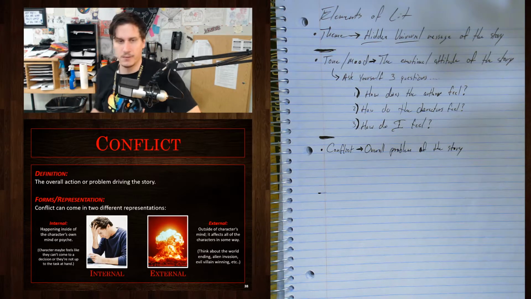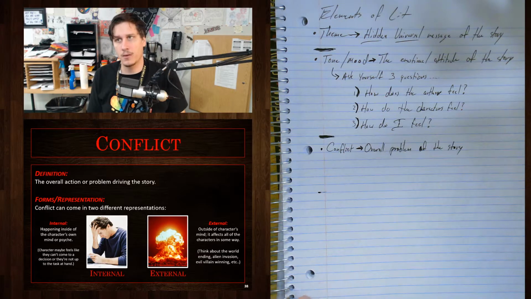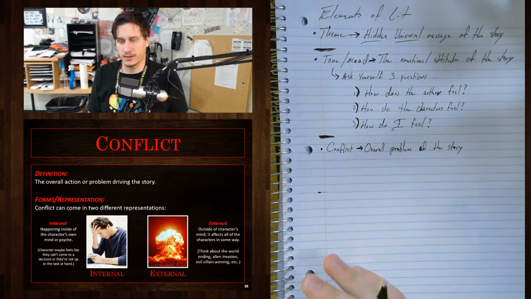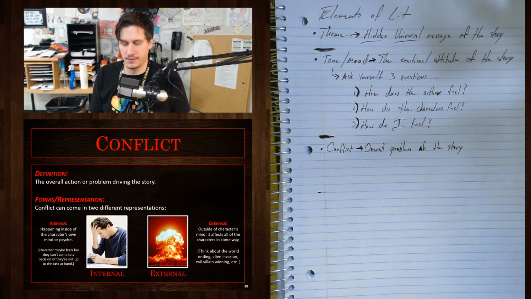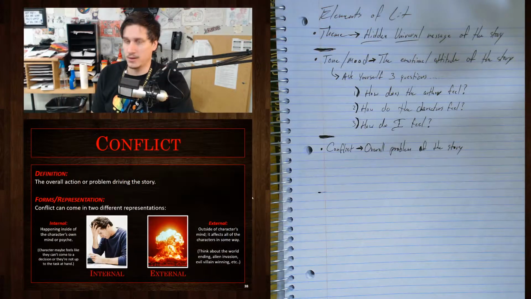Now we need to make a little distinction here. With conflict, there are ways to express conflict, and then there are types of conflict. They are two completely different things. So just in case you need to see the PowerPoint slide and you need to pause it, go ahead and pause it right now. Otherwise, here's how we're going to set this up.